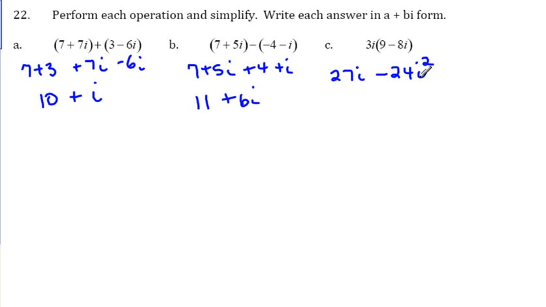Remember, i squared is equal to negative 1. The only thing the i squared does to this term is change the sign. So now I have 27i plus 24. Still not in A plus BI form. All I have to do is change the order of these. So I have 24 plus 27i, which is now in the correct form.